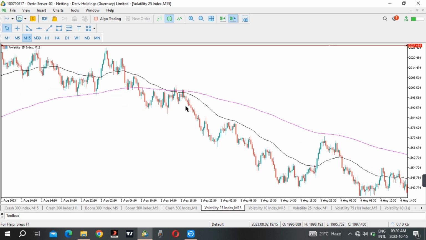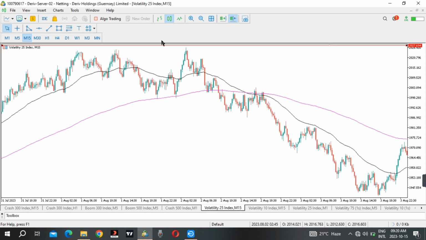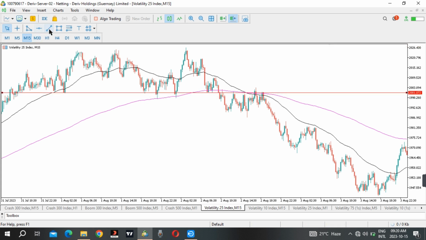What we want to see is this type of pullback over here. Let's say you marked this area over here, this is your zone flip area, and you also have an order block over here, because that was the last green candle for the break of market structure. As you can see, when we are pulling back, we are continuously giving green candles, red candles, green candles, red candles.